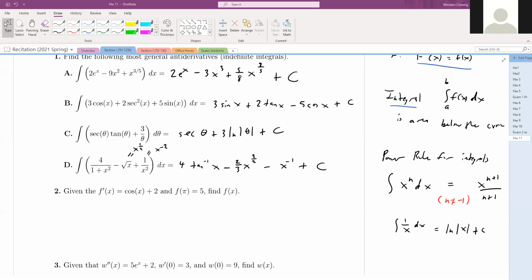It looks like it already has the plus C at the end of it. Okay, yeah, so that was what I was going to check. So I think it just doesn't require it because it already has it stated at the end of the prompt.